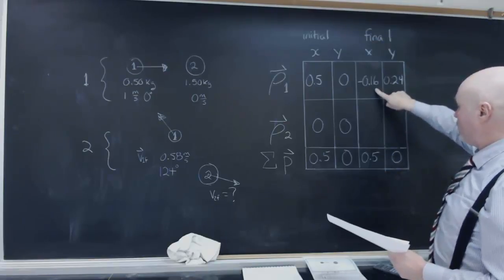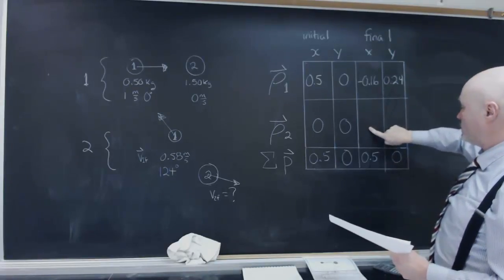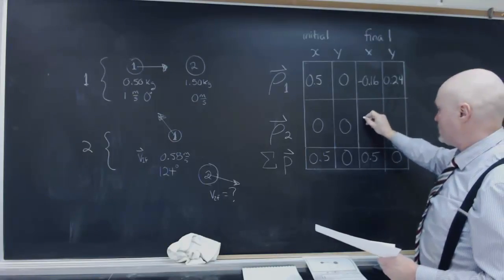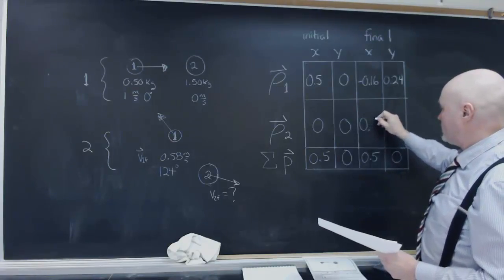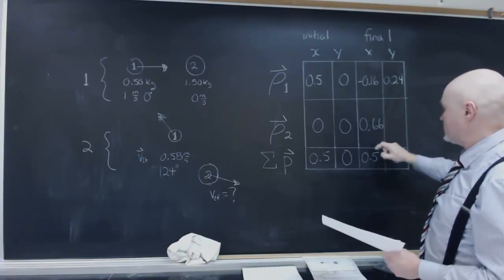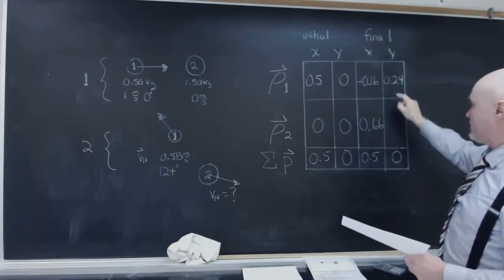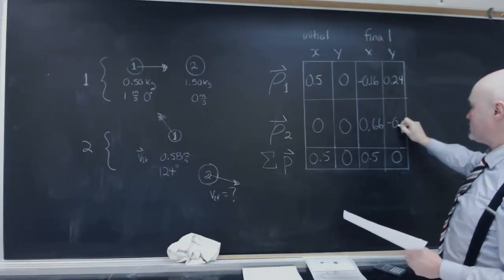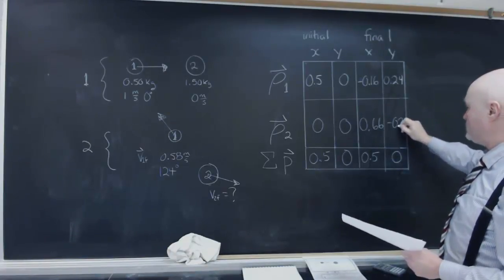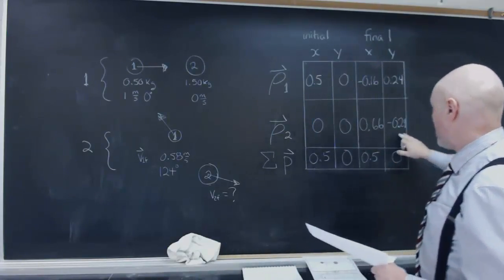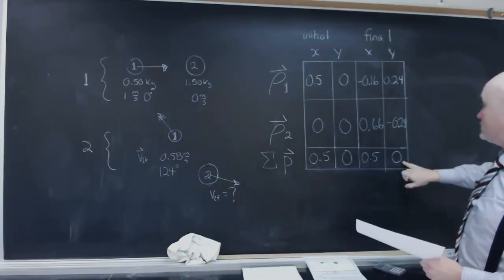Something plus negative 0.16 has to add up to 0.5, and so this has to be 0.66 kilogram meters per second. In the y direction, everything has to add up to 0, and so this has to be negative 0.24 kilogram meters per second in the y direction to add up to 0.